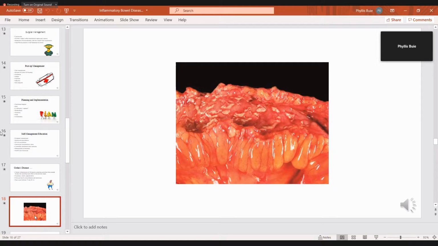The complications are very similar to the same ones that we talked about before. Cancer is very rare with this particular type of condition. It doesn't usually happen. If it does happen, the person has usually been diagnosed with Crohn's disease for like 15 or 20 years. They've had it for a long, long time.